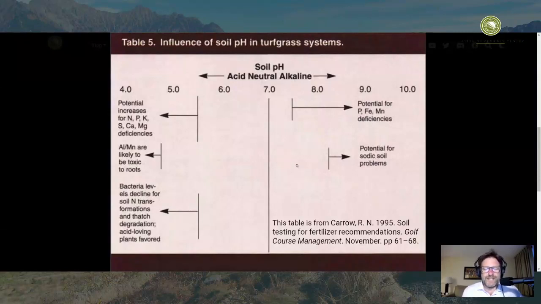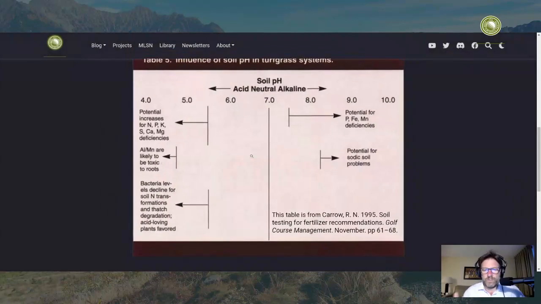So I think this does give you something that you can use because you can understand these 5 things, these 5 levels of soil pH at which you can start expecting more potential risk above or below these levels.